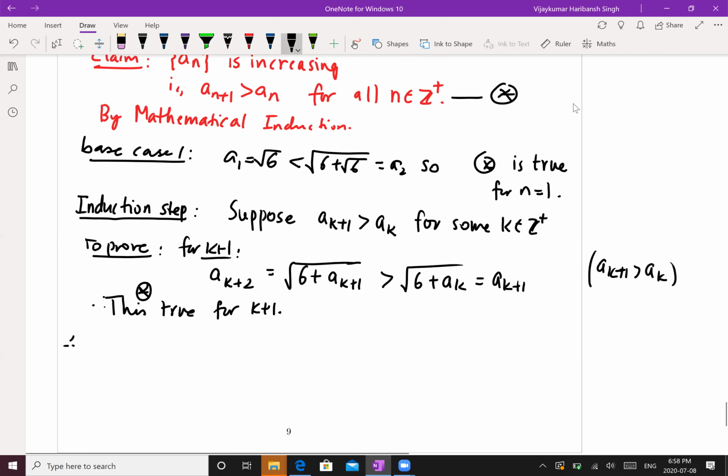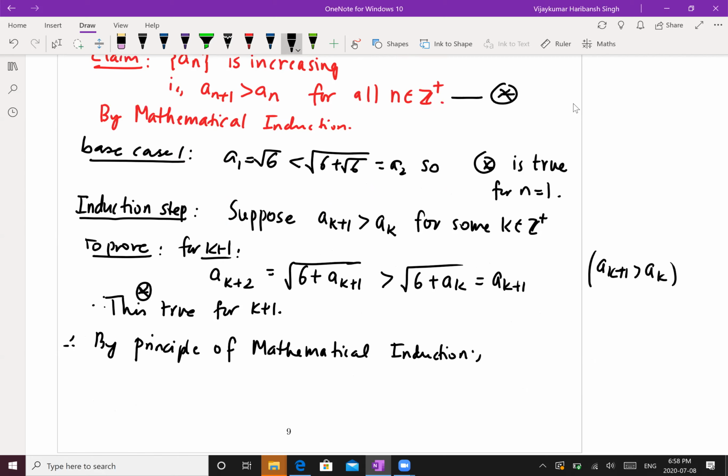Therefore, by the principle of mathematical induction, we have a_{n+1} is greater than a_n for all n belonging to Z plus.